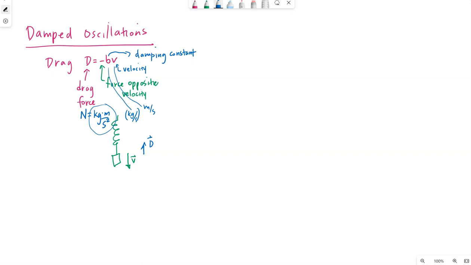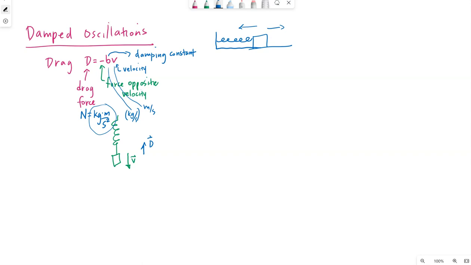All right, when we talk about this concept of drag and this specific way of damping, if we think about when we talked about a mass on a horizontal surface connected to a spring. In the ideal situation, we know if we pull the mass to the right and release it, it ends up oscillating back and forth, left and right, and it would do so with the same amplitude indefinitely.